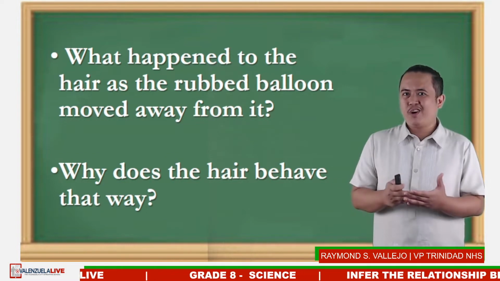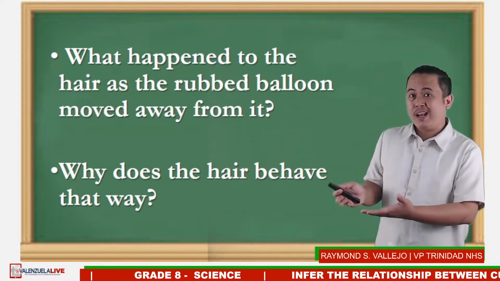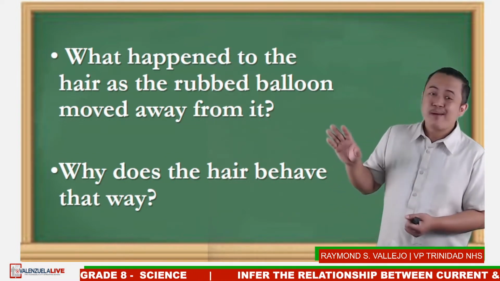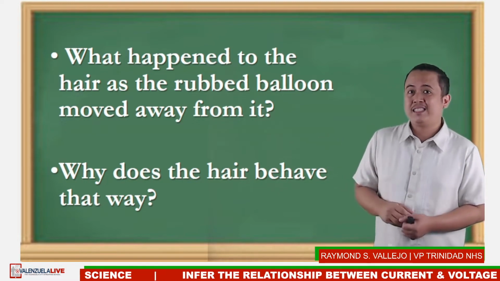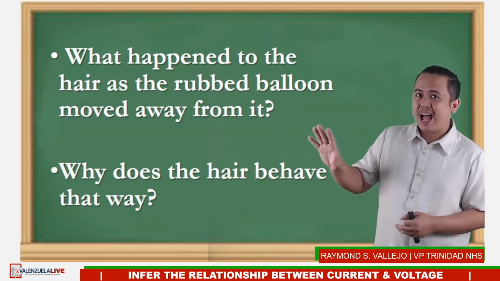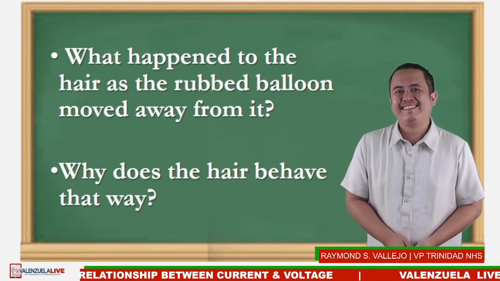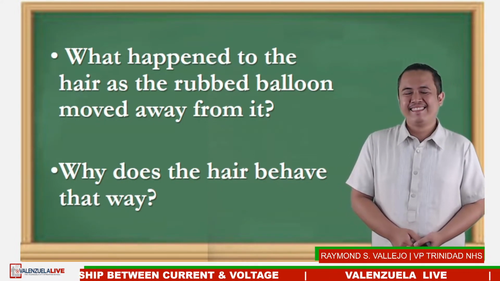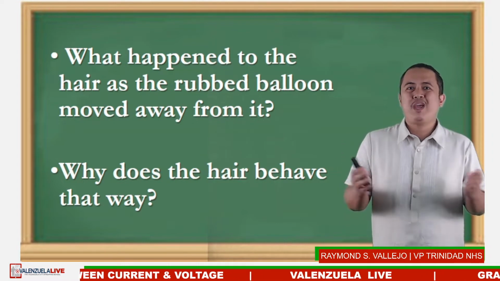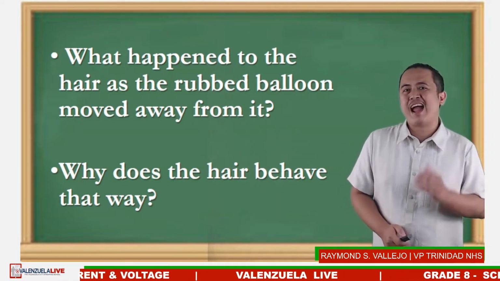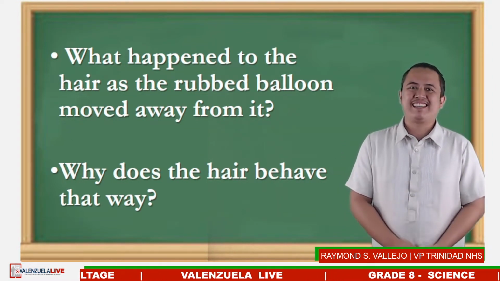Again, let us recall the events that happened a while ago while I was rubbing the hair of my assistant, and then what happened as I moved the balloon away from the hair. Later, we are going to find out if your answers are correct.